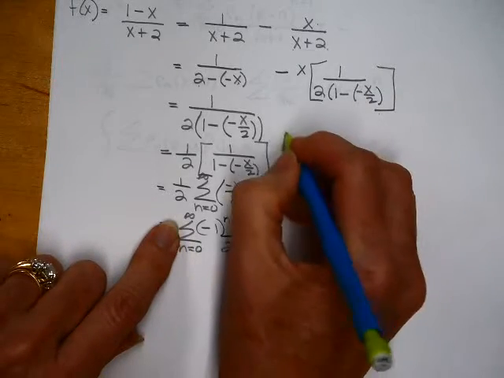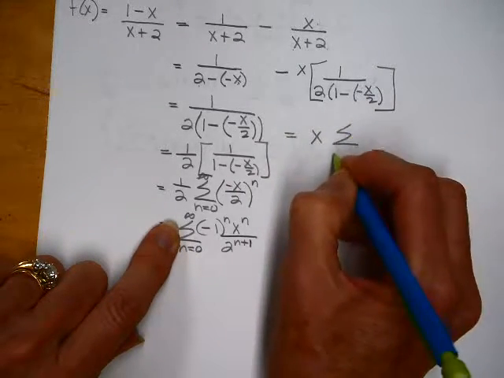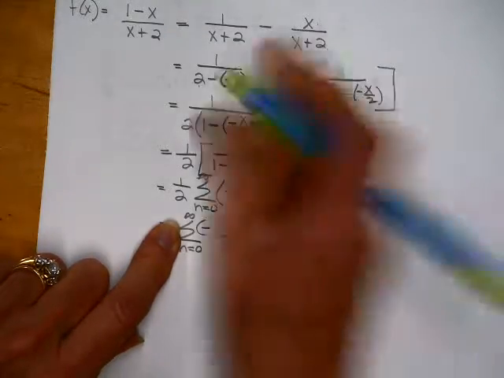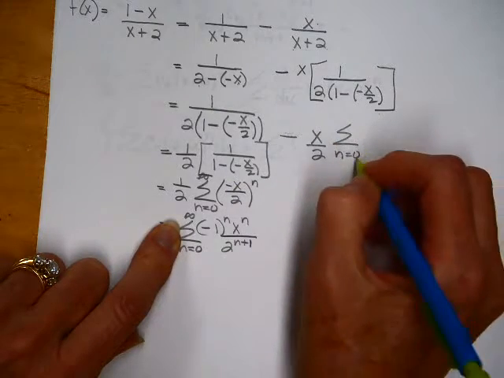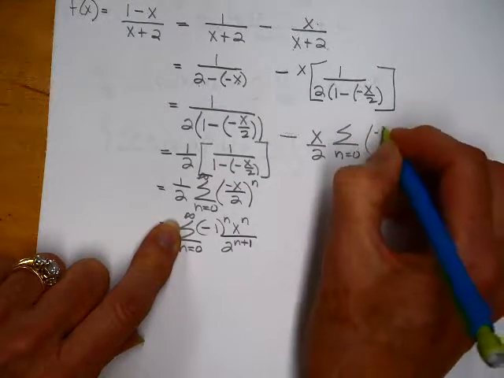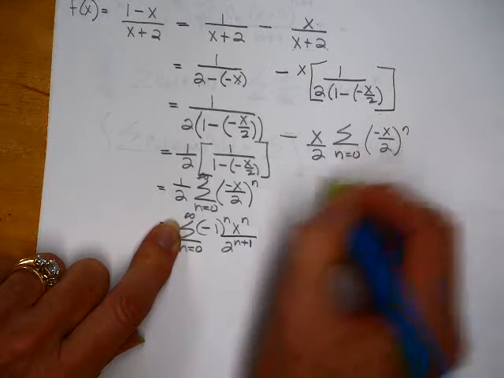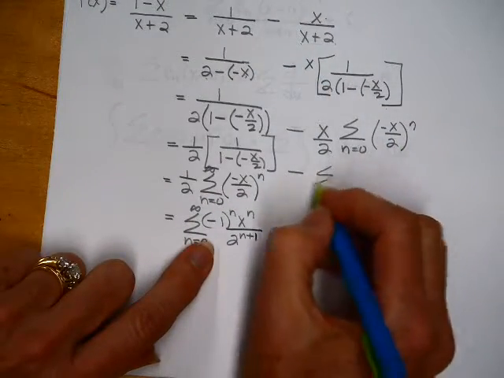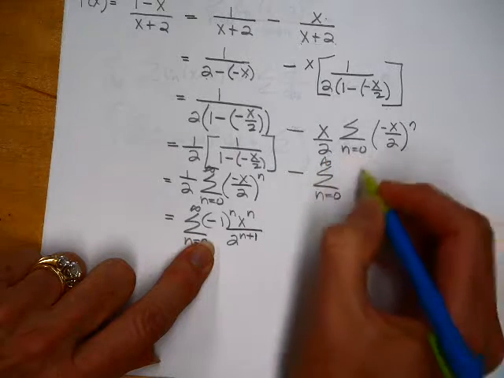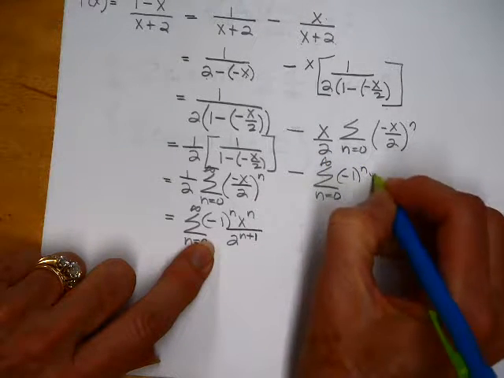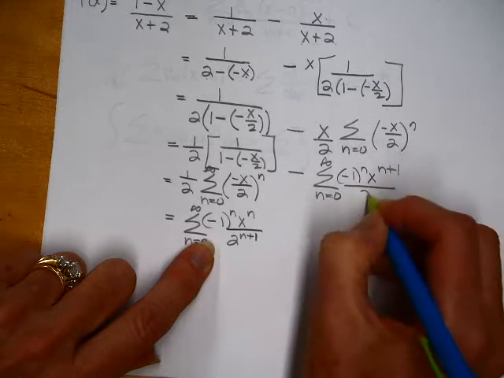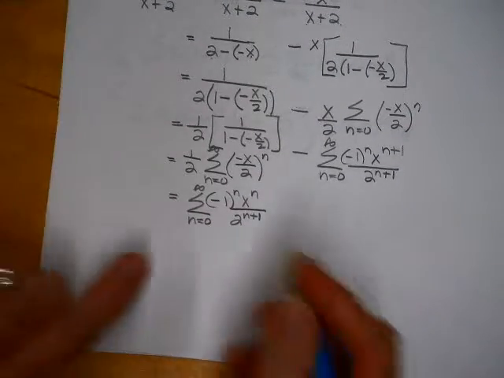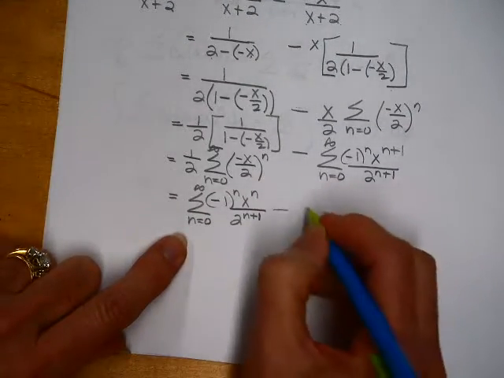And when it comes down here, this is x times the sum, x over 2, the sum, should be a subtraction sign, n equals 0 to infinity, negative x over 2 to the nth. And when I bring everything in, negative 1 to the n, x to the n plus 1 over 2 to the n plus 1. So I have this series minus this series.